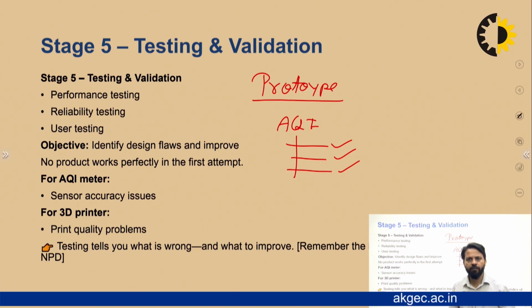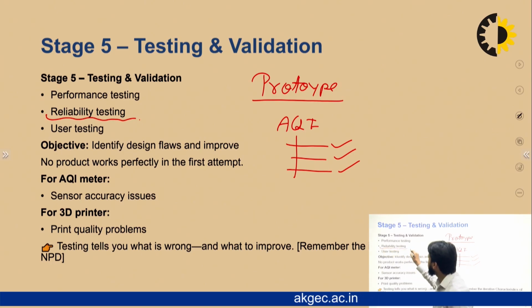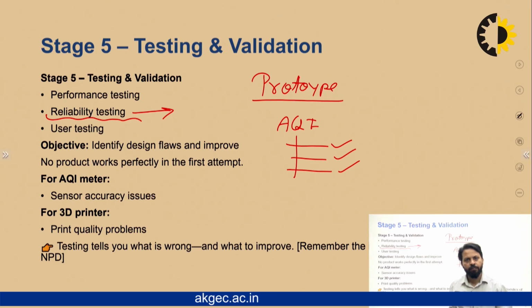So in the testing phase, you have to go for reliable testing, because if that testing is not reliable, these products will come back into your supply chain again, exposing drawbacks, faults, and other discrepancies.